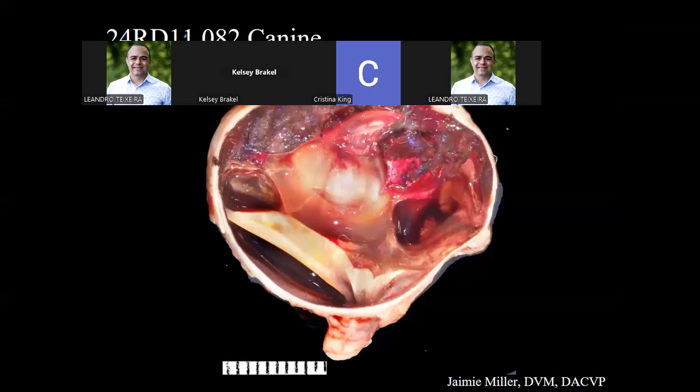The first case that I've got for you is the right eye from a 14-year-old female spayed basset hound mixed breed dog. It comes with a history of buphthalmia, diffuse corneal edema, fibrosis, and stromal vascularization.